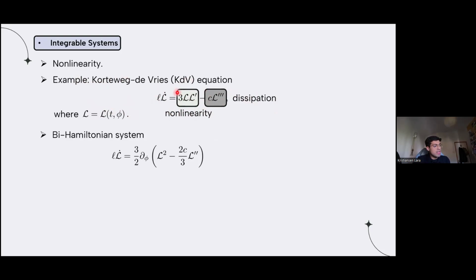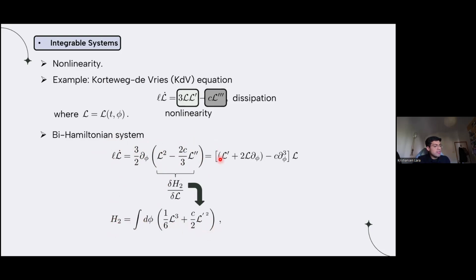Also, this nonlinear PDE can be rewritten in a Hamiltonian fashion. What I mean by that is the following. Notice that the KdV equation can be rewritten as a continuity equation, and this continuity equation allows us to find that this can be understood as the functional derivative of some functional H2, where one can read this quantity H2 like this.